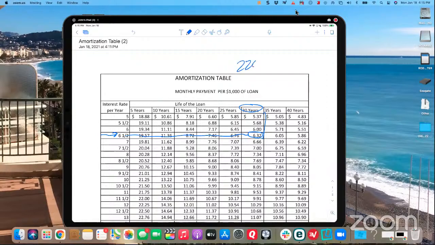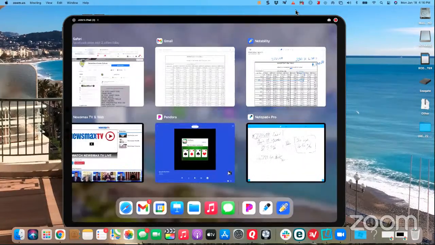So now we're going to take 220, because remember it's per 1,000 and we had a $220,000 loan, times 6.32 equals $1,390.40. So I'm going to double check my math. 220 times 6.32 equals 1,390.40.